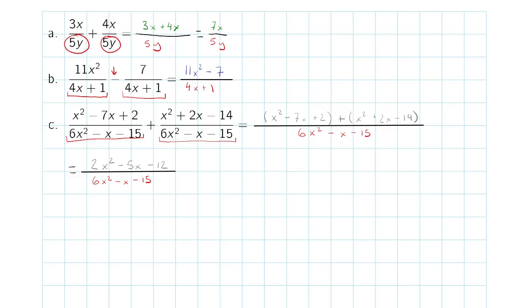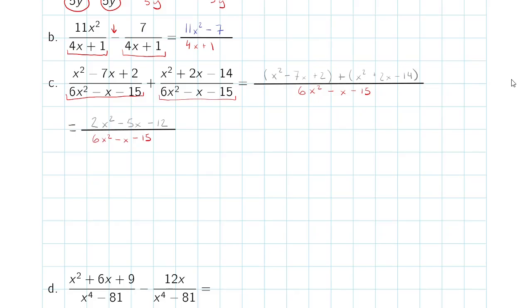Okay, so now we're done with adding, but we might think, well, can I simplify this? We don't know. We'll need to try to factor our numerator and denominator. Let's see. Our 2x squared minus 5x minus 12. That's a quadratic trinomial. The leading coefficient is not 1.